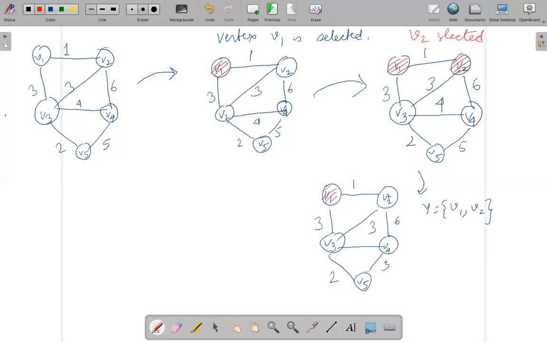Now we will have to find out the nearest of these two vertices taken together one by one from the rest of the vertices.